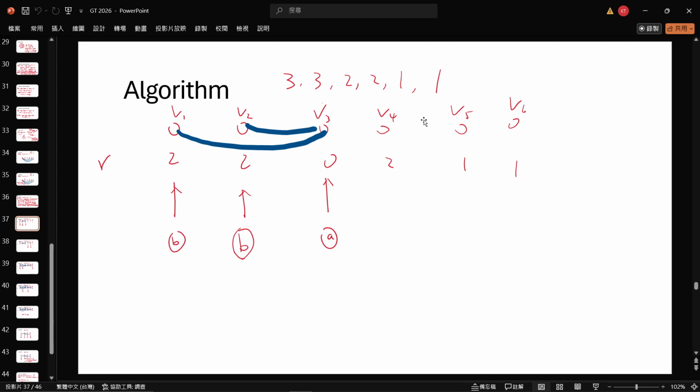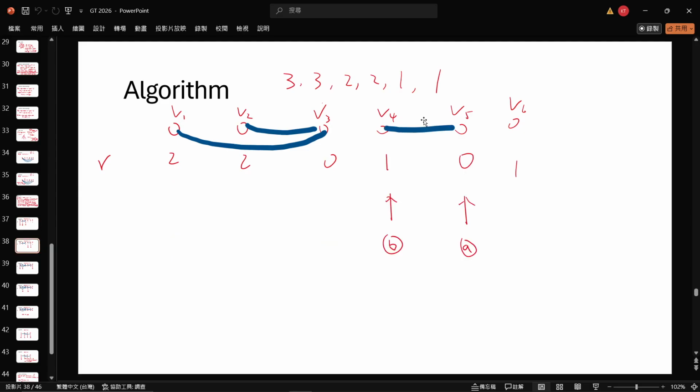In our previous example, we chose V4, which is fine because it has the highest degree. So this step is correct. And after we add the edge and modify the remaining degree, this is the new degree sequence.